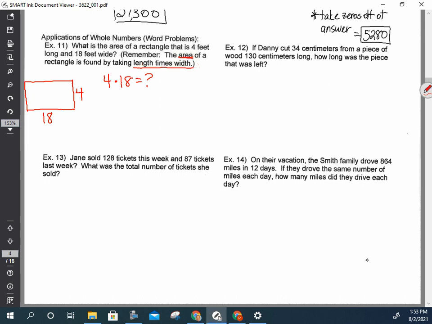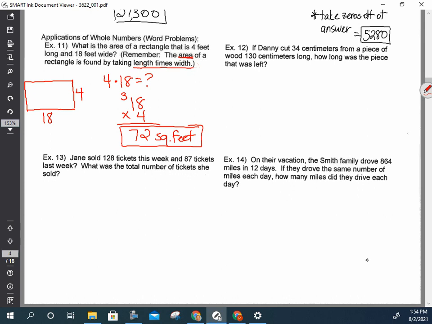So now that we know what we're supposed to do, let's go ahead and do it. 18 times 4, 8 times 4 is 32. 4 times 1 is 4, plus 3 is 7. So you have 72 square feet.